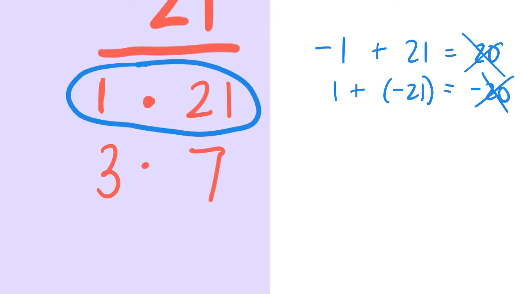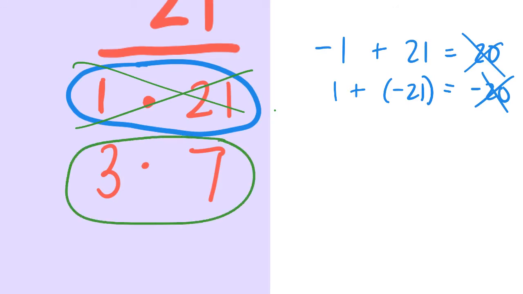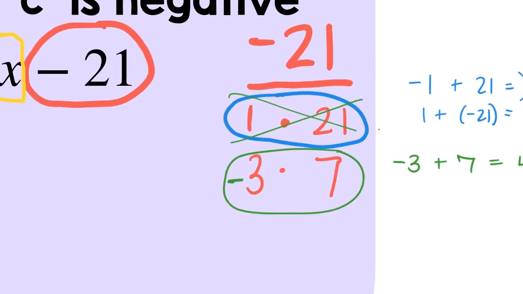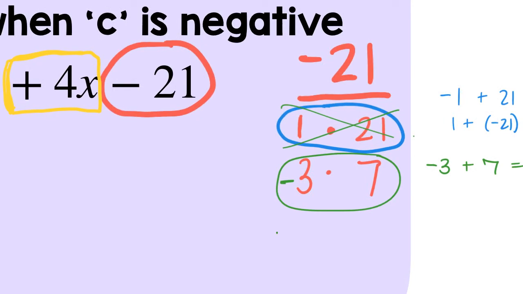But if you look at that second pair of factors, in order to make that add up to a positive 4, I could put a negative on the 3, right? Negative 3 plus 7, well, that adds up to positive 4, and that's what we want. So we know that our factors are going to be negative 3 and positive 7.